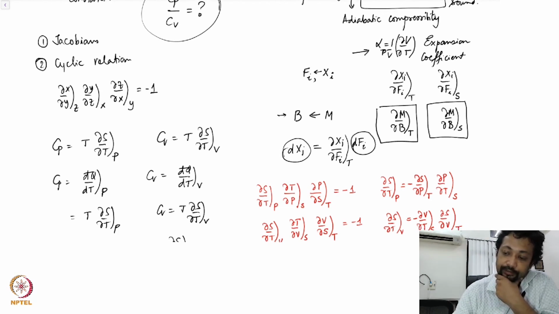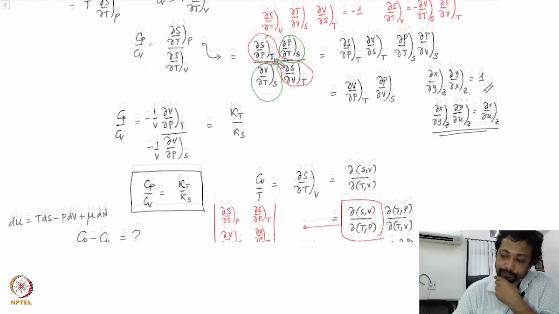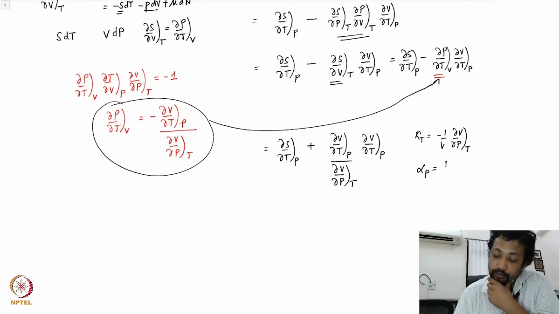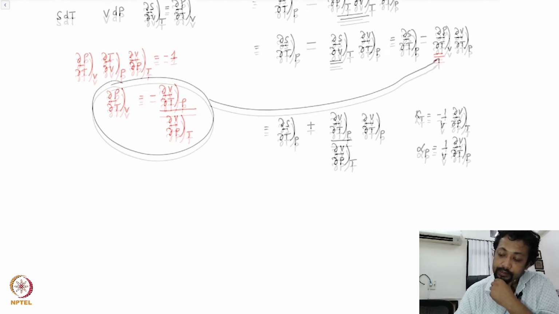Please be careful, because you're taking a derivative with respect to temperature, so temperature cannot be held constant there. So del V del T at constant pressure, right?